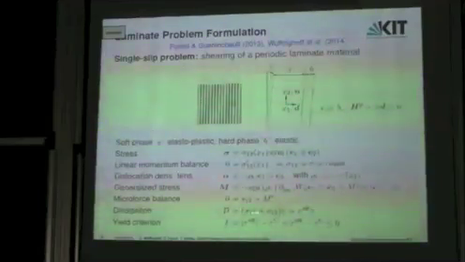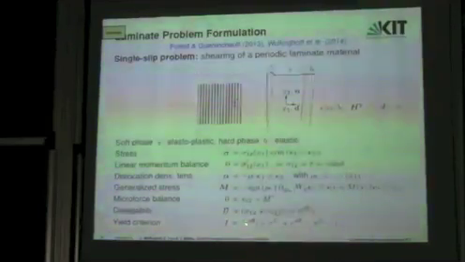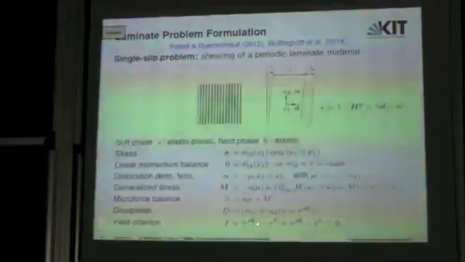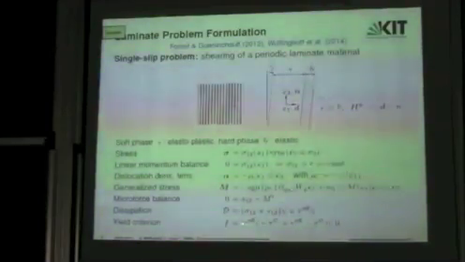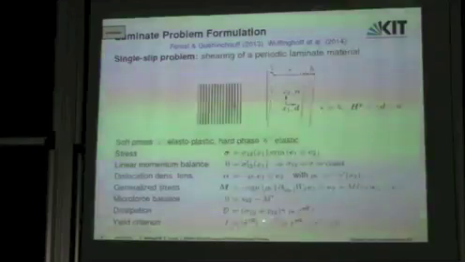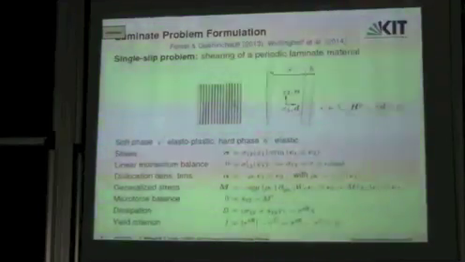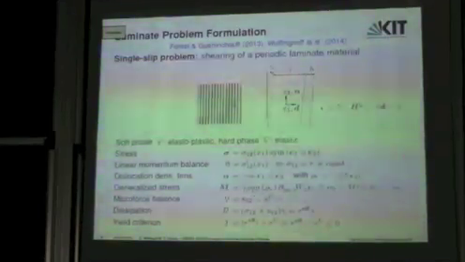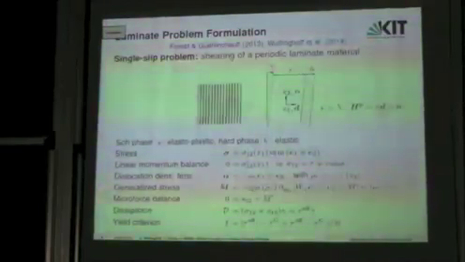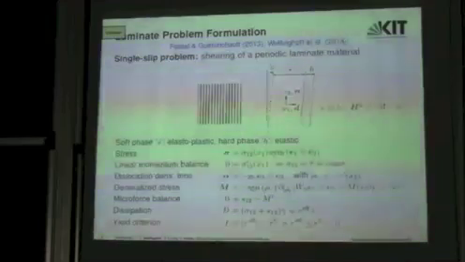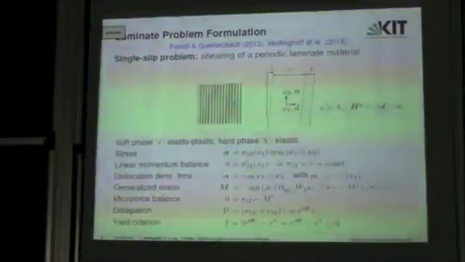Okay, motivated by this finding, we assume that the yield criterion is given in terms of this effective stress here. And in addition, we introduce a critical resolved shear stress as a constant material parameter and consider a rate-independent case.